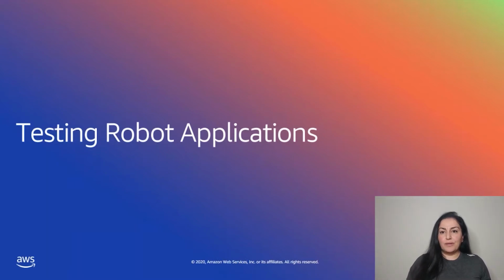Testing is important when it comes to software development, regardless of whether it's a robot application or any other software that you develop. But when it comes to robot applications, it's especially important to do that in simulation, to reduce the life cycle, the time it takes to iterate over your code.